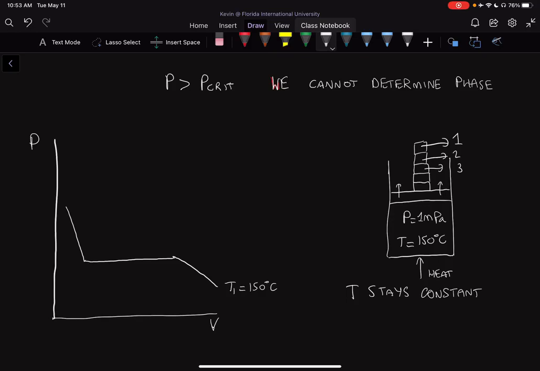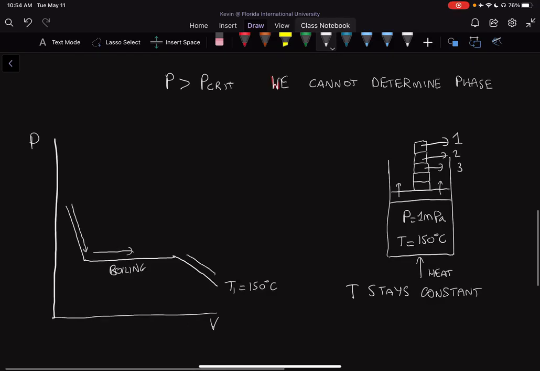So essentially, we have boiling occurring here. Remember that the higher the pressure, the more likely something is to be a liquid. The more compressed it is, the more it's going to be a liquid. So at the start, we have a compressed liquid in this region here, and then that compressed liquid starts boiling up until we reach superheated vapor in this phase here.